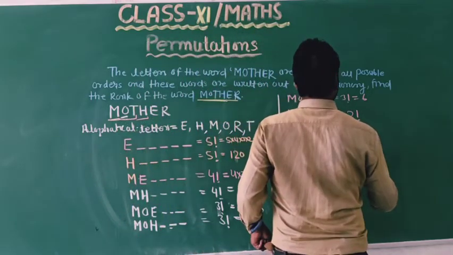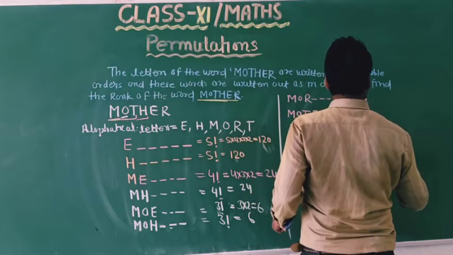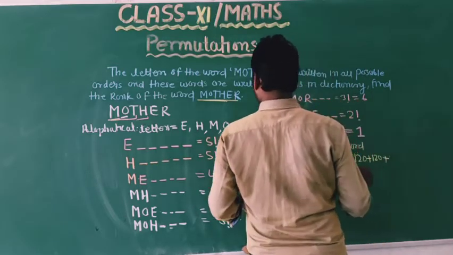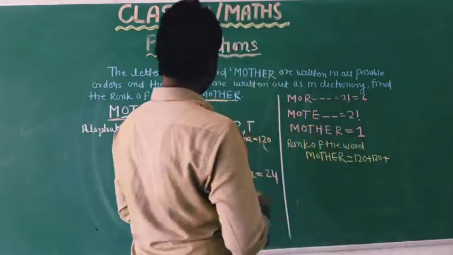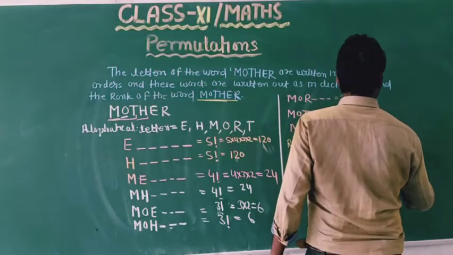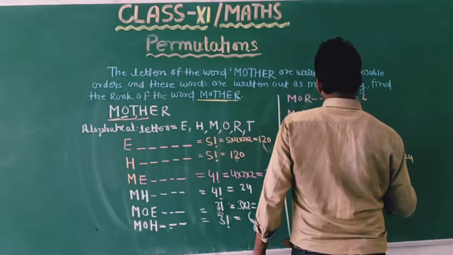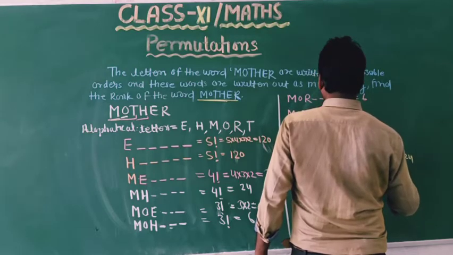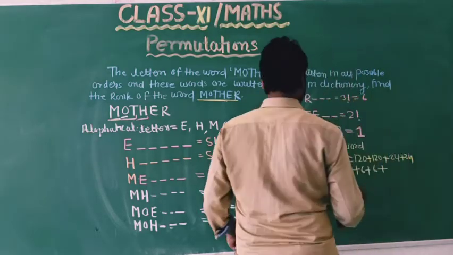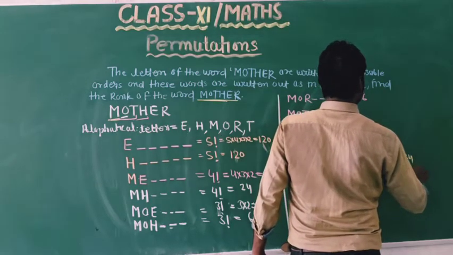This is 120 plus 120 plus 24, 3 times, 2 times is 24, plus 24 plus 24 plus 6, 2 times 6 plus 3 times 6 plus 2 plus 1.